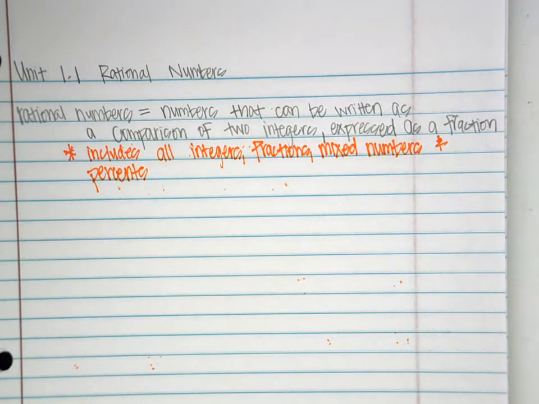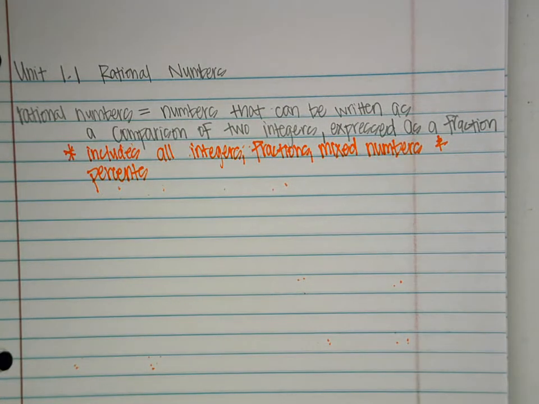So rational numbers include all integers, which are whole numbers, positive and negative, and 0, fractions, mixed numbers, and percents.